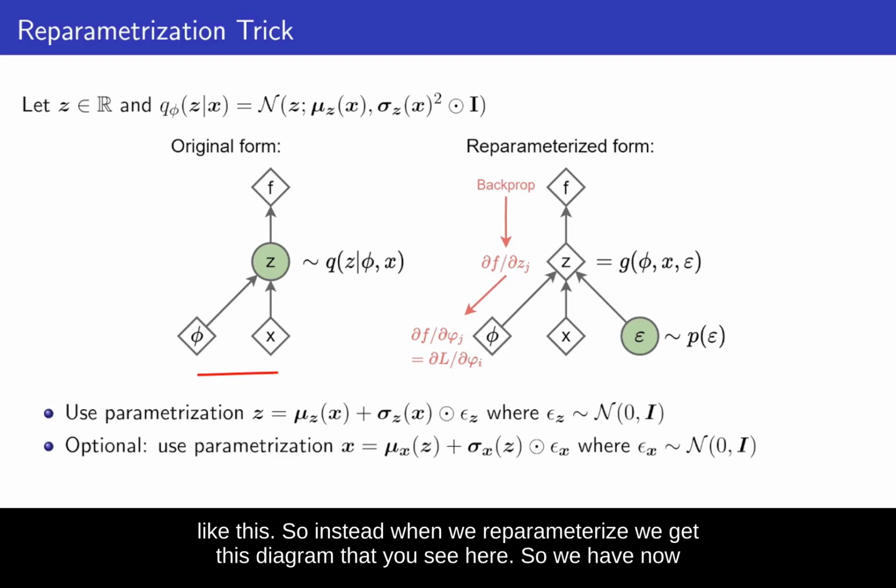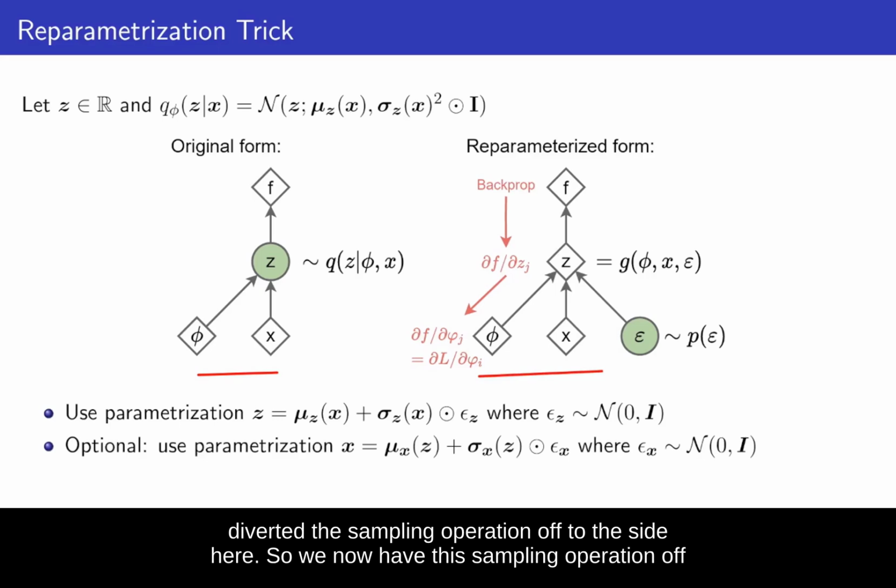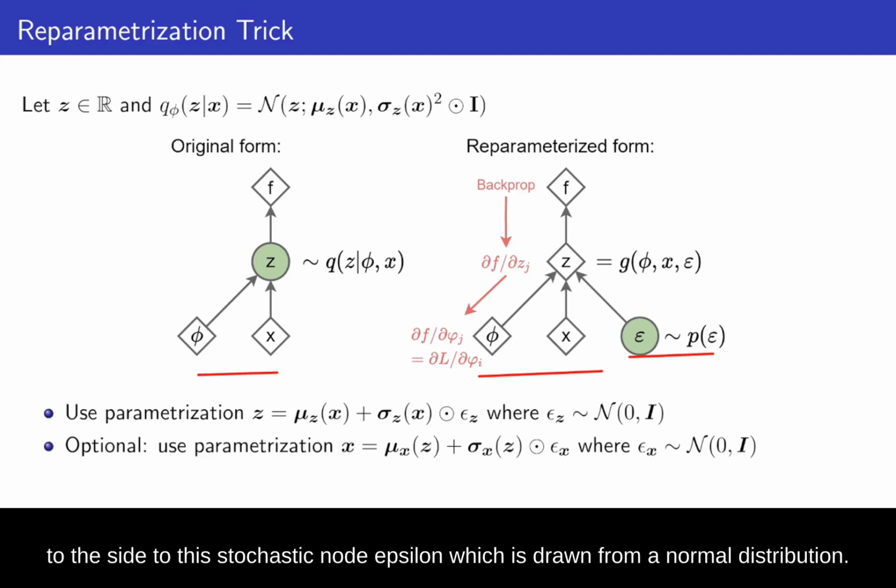Instead, when we reparameterize, we get this diagram that you see here. We have now diverted the sampling operation off to the side, to this stochastic node epsilon, which is drawn from a normal distribution.